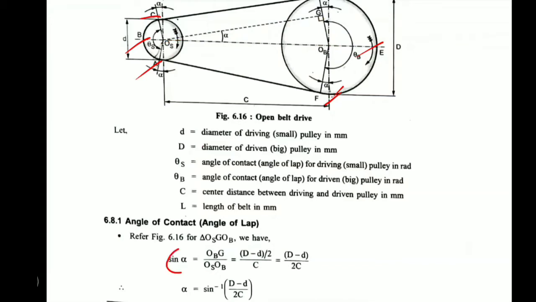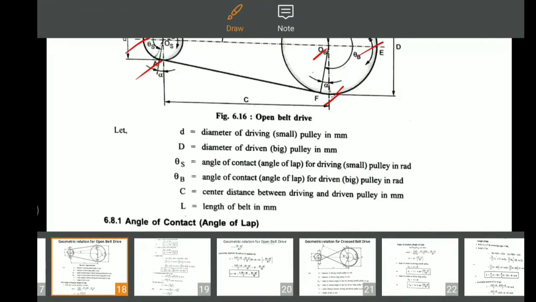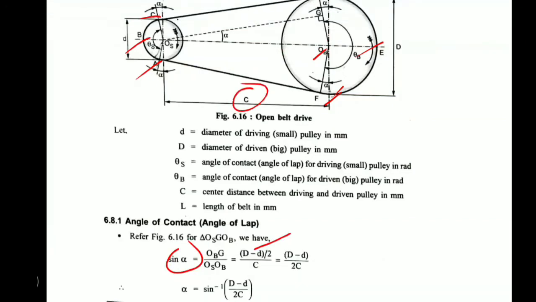So I'll write sine of alpha is equal to OBG, this side, divided by OSB, this horizontal. Clear? Now OBG means this, so I can write capital D minus small d divided by 2. This is the OBG value, divided by OSB, which we call the center distance, C.